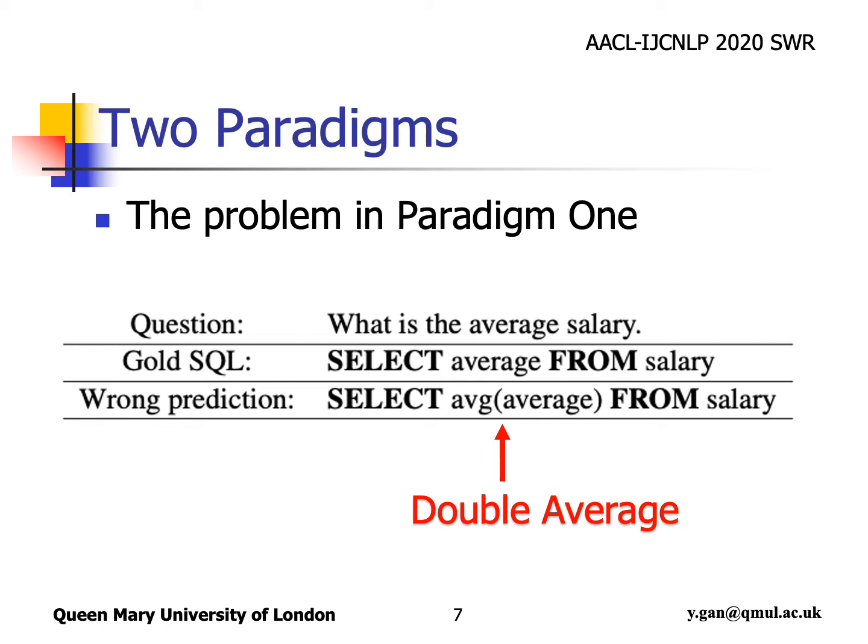For example, here paradigm 1 will use the word average twice, in both generating the SQL structure and schema item, which means it will generate the AVG aggregation function for the SQL structure and also choose the average column as a correct column. We can find many of these types of wrong predictions from the models belonging to paradigm 1.